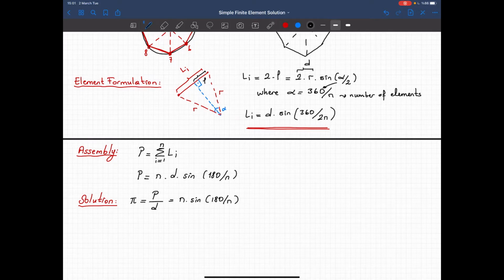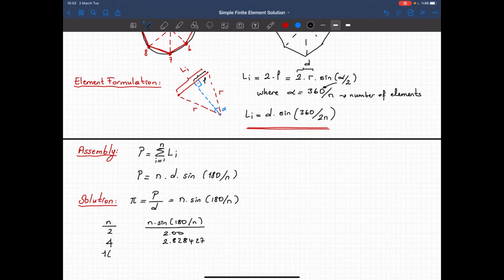And if we use N equal to 2, then N times sine of 180 over N is equal to 2. Let's use 4 elements, then 2.8284. Let me use 2 more digits: 2.828427.